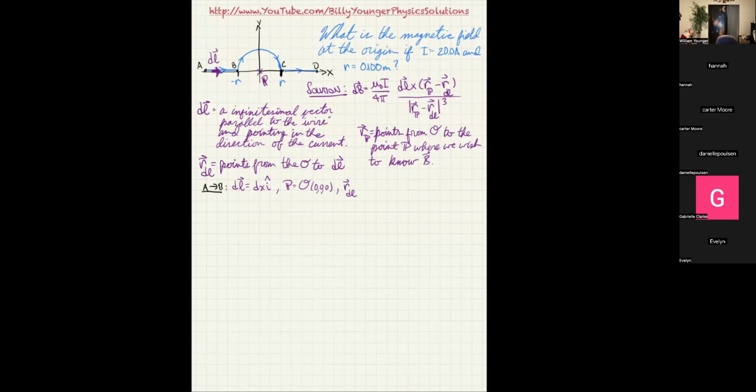Let's see if I can get a different color. The vector would probably be right about there. Okay, and it's just a vector. Excuse me, it goes all the way back to here. It's just a vector that points to the tail of dl.